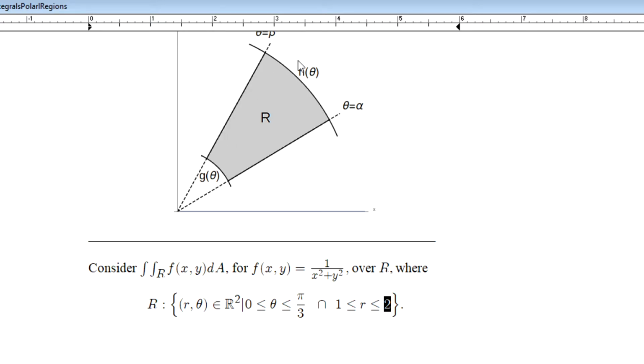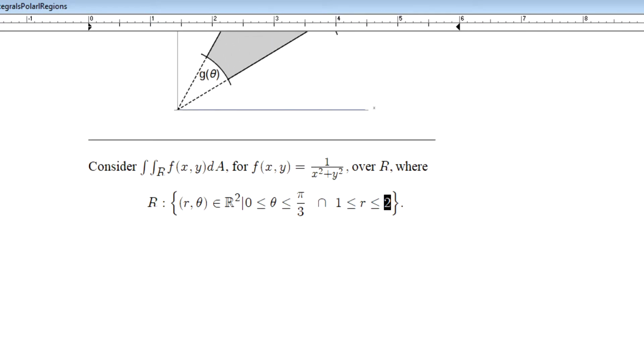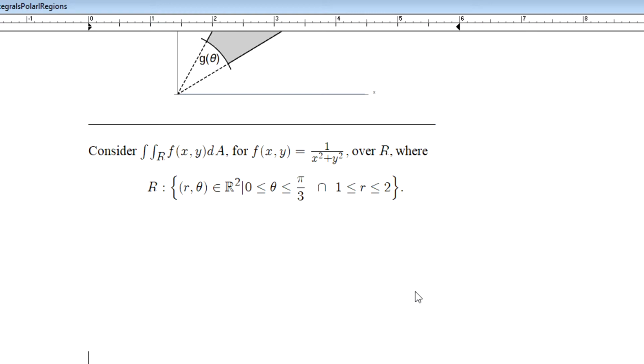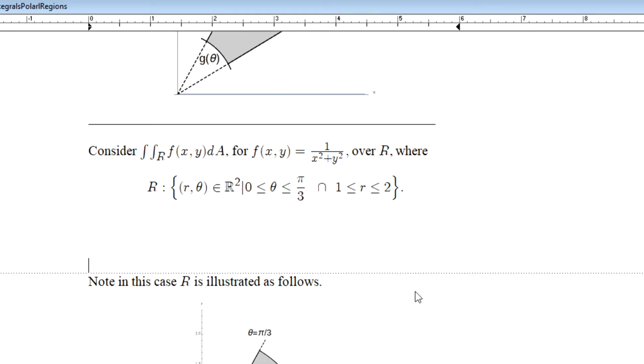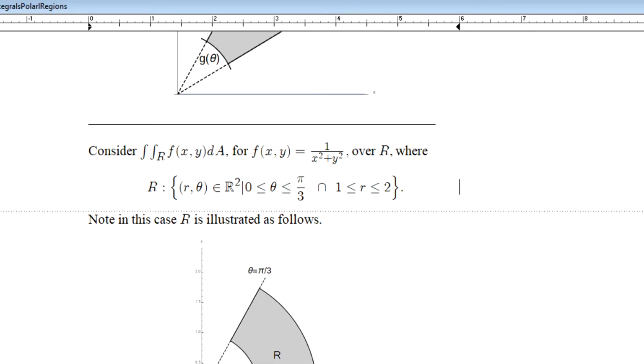If we interpret this in this particular case, we might note region R is illustrated as follows.